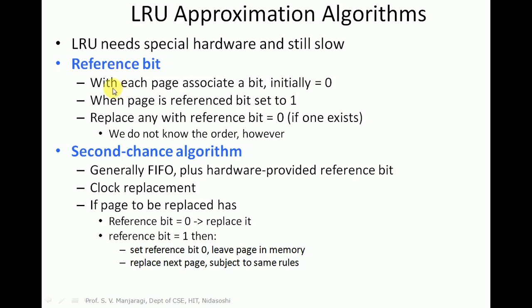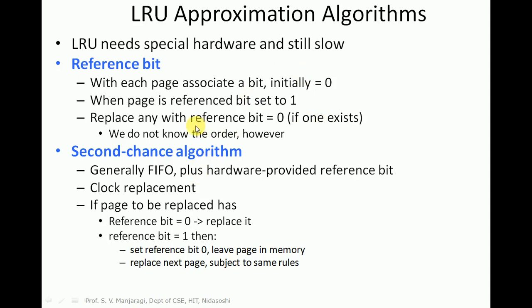For each and every page we maintain a separate bit, called the reference bit. For all the pages it is initially set to 0, and whenever a page is referenced, the reference bit is set to 1. If the reference bit is 1, it indicates that the page has been referenced. If it is 0, the page is not yet referenced.